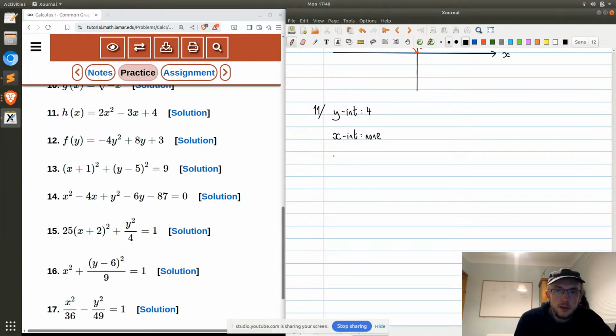But we do need its minimum. So we get the line of symmetry. Three over 2. Can't just say 3 over 2. X equals 3 over 2.